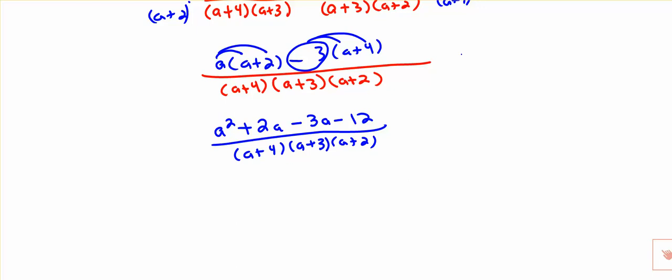So after you use your distributive property, you need to combine your like terms. So here we have positive 2a minus 3a, 2 minus 3. Again, we're taking away more than what we had started with, so that's negative 1a.